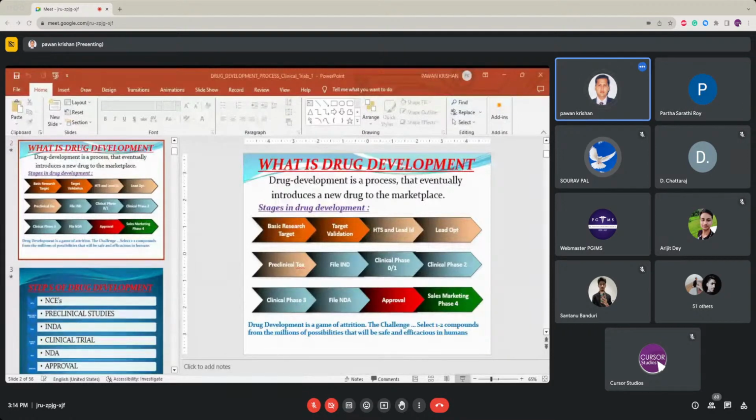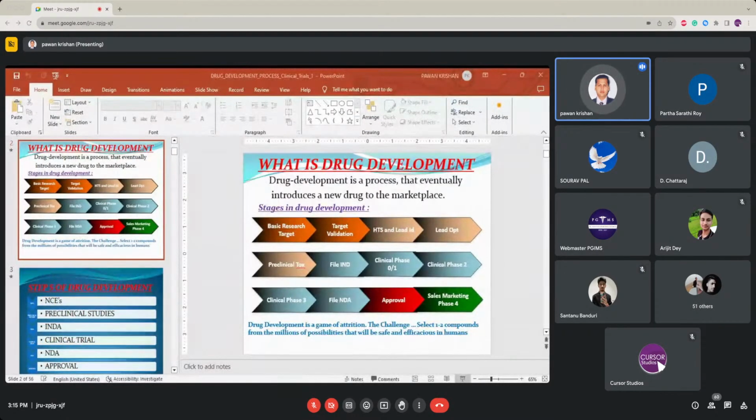Okay, so I was talking about the stages of drug development. After filing the IND, once you get approval from the regulatory authorities for carrying out clinical trials, then you carry out clinical trials, which are divided into various phases: clinical phase 1, phase 2, phase 3.